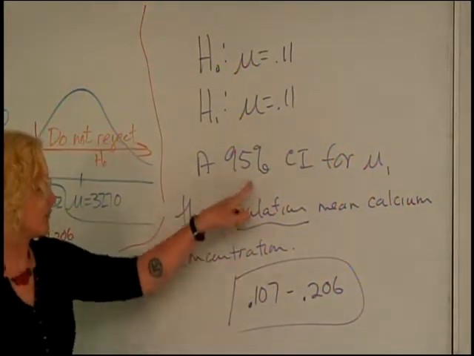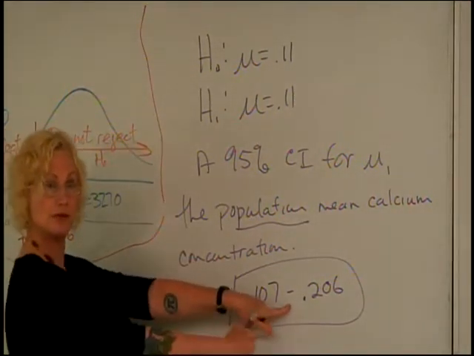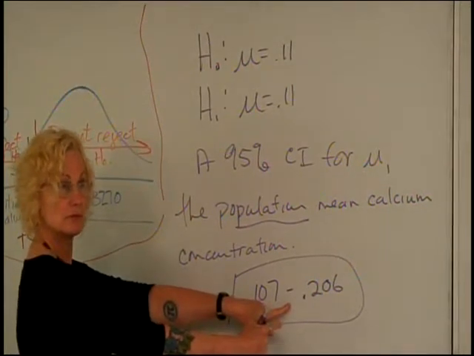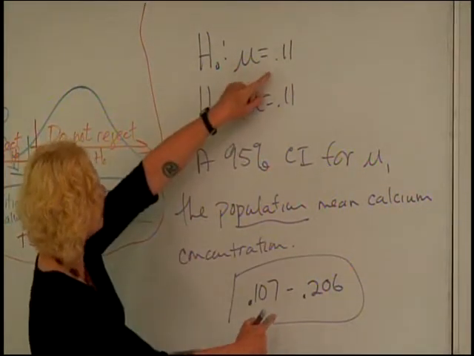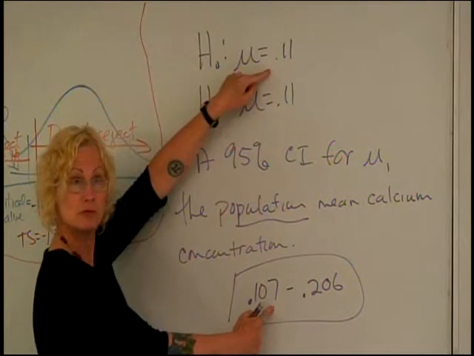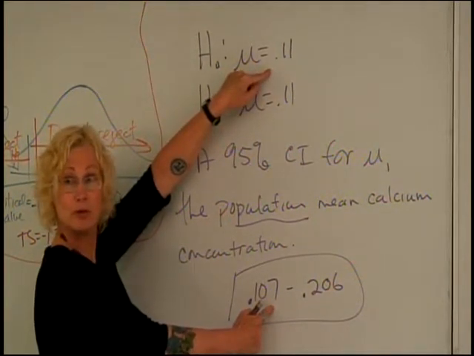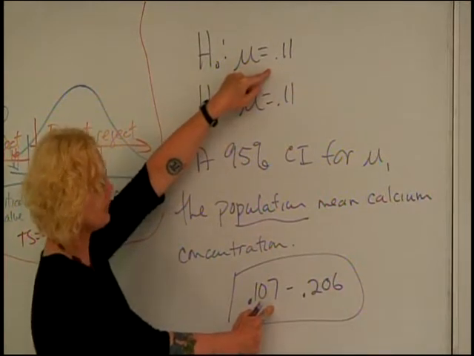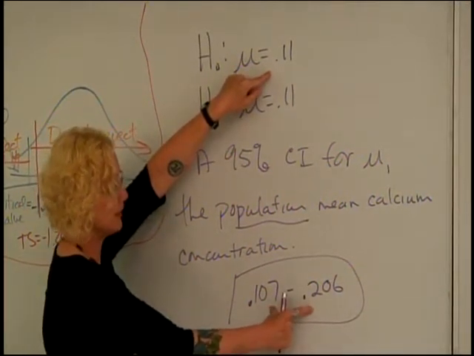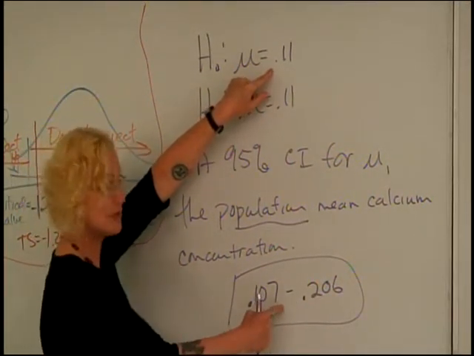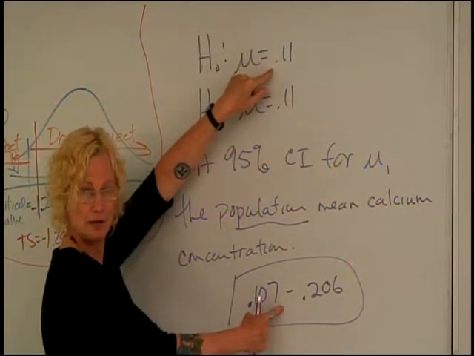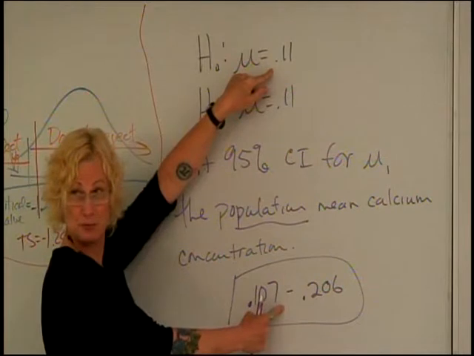If we're 95% confident that the true mean is in there, is 0.11 in that confidence interval? Yeah. Okay, so listen up, this is important. If we're 95% confident that the true mean is in there, and the 0.11 is in there, then isn't it pretty likely that 0.11 is really, really close to being the true mean?